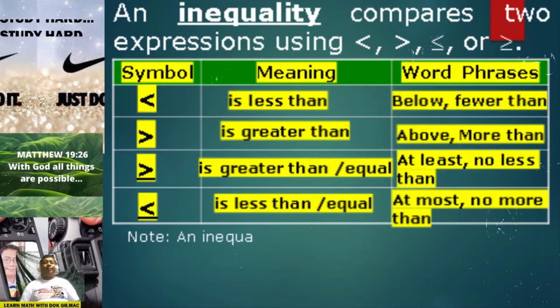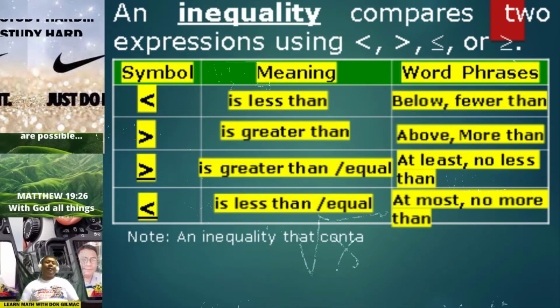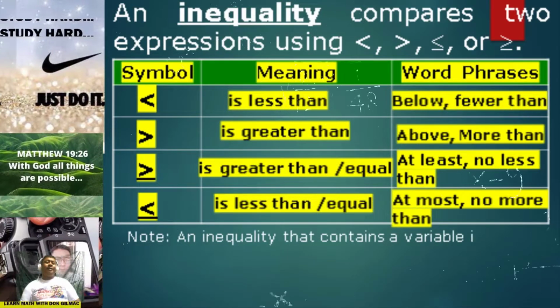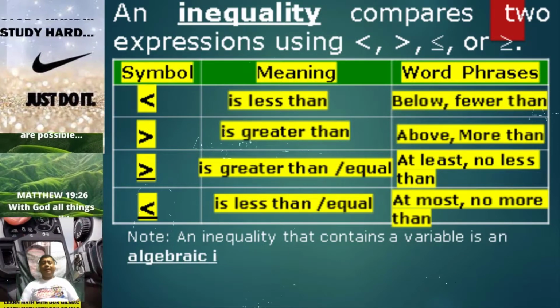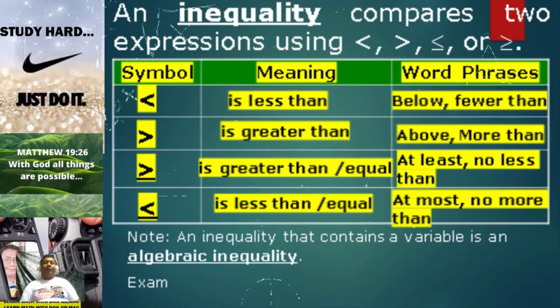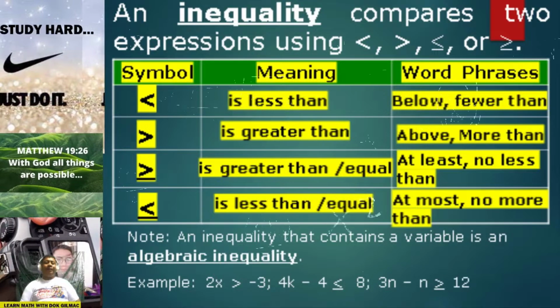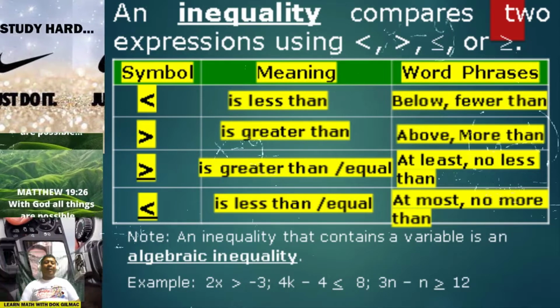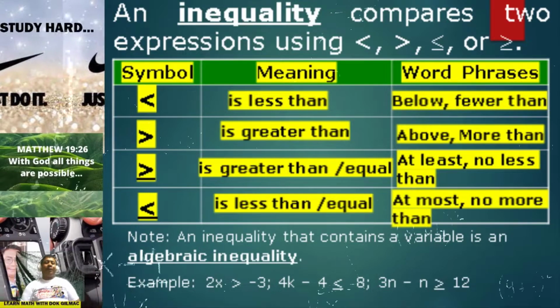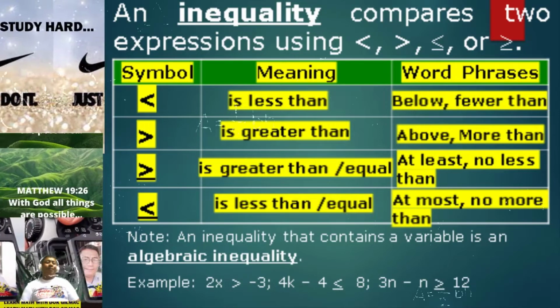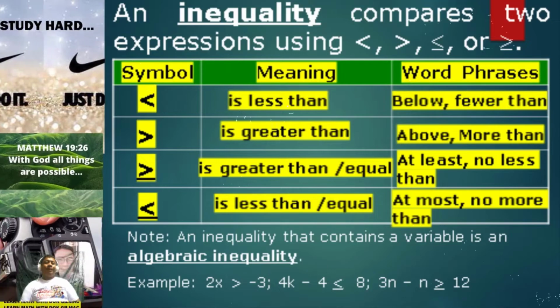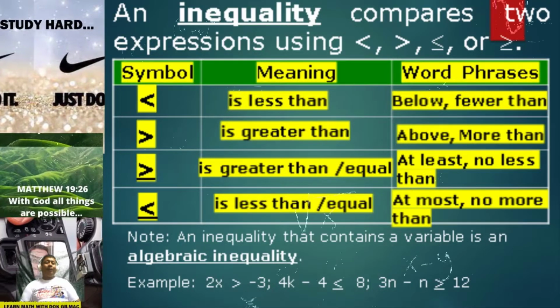Take note, an inequality that contains a variable is an algebraic inequality. For example, 2x is greater than negative 3, 4k minus 4 is less than or equal to 8, 3n minus n is greater than or equal to 12.